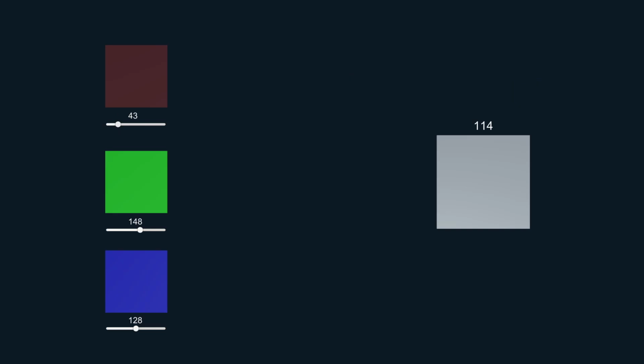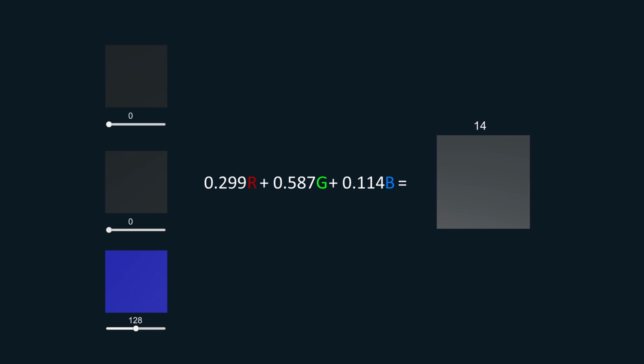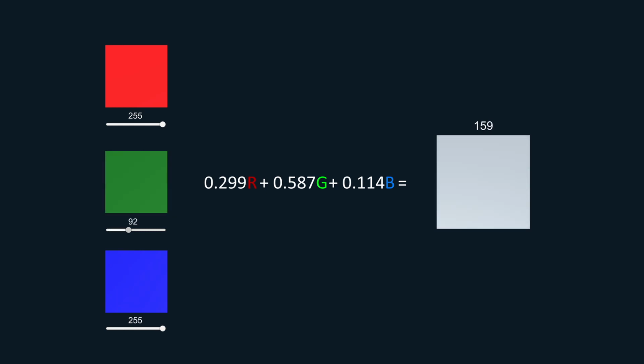Another way of describing images, as you probably know, is black and white, also called grayscale images, where the pixels are different shades of gray instead of colors. A way of converting the pixels in a color image into grayscale is by using this formula here, where 0.299 is multiplied by the red value, 0.587 is multiplied by the green, and 0.114 is multiplied by the blue value.